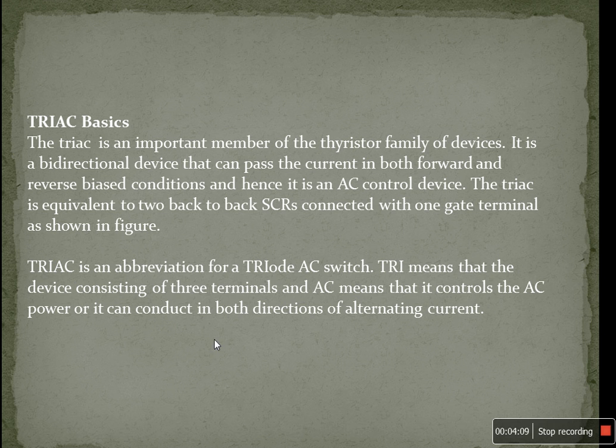We know that AC is bidirectional current and DC is only one directional current. So tri indicates three terminals, and AC indicates that it controls AC power or can conduct in both directions of alternating current.